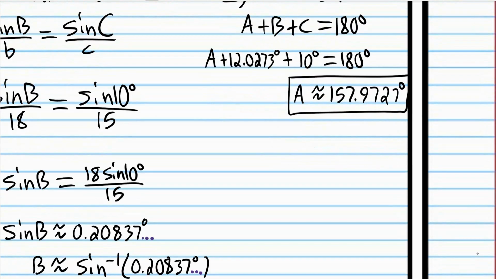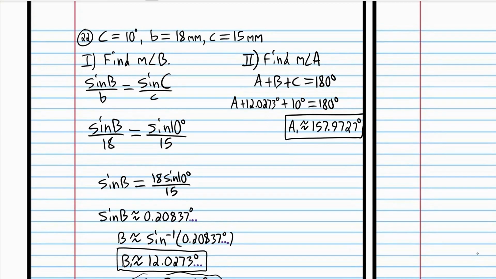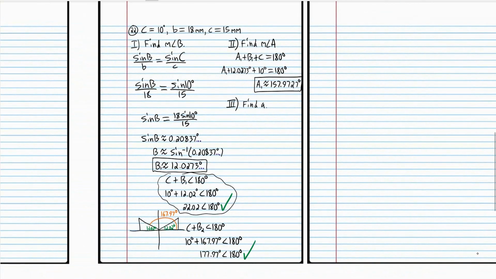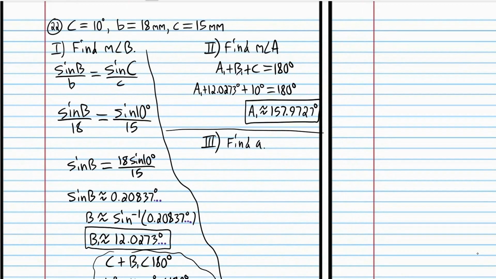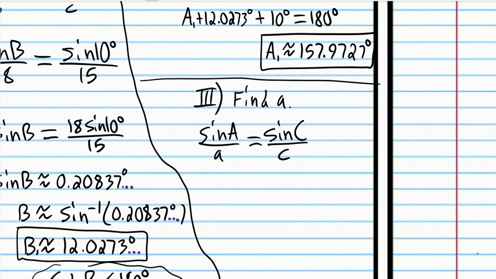So we have another angle. Now we just have to find the missing side, and we'll call that A1 and B1. So now we're going to find the length of A, and we can put a divider. Sine A over A is equal to sine C over C. We want to use the C's because those numbers are not rounded off.